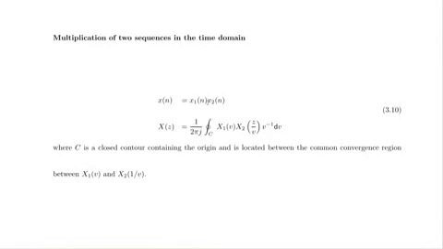If we have multiplication, this time in the time domain, it will lead to X of z being 1 over j times 2 times pi, a closed contour integration over c, X1 of v times X2 of z over v times v to the power of minus 1 dv, where c is a closed contour containing the origin and located in the common convergence region between X1 of v and X2 of 1 over v.